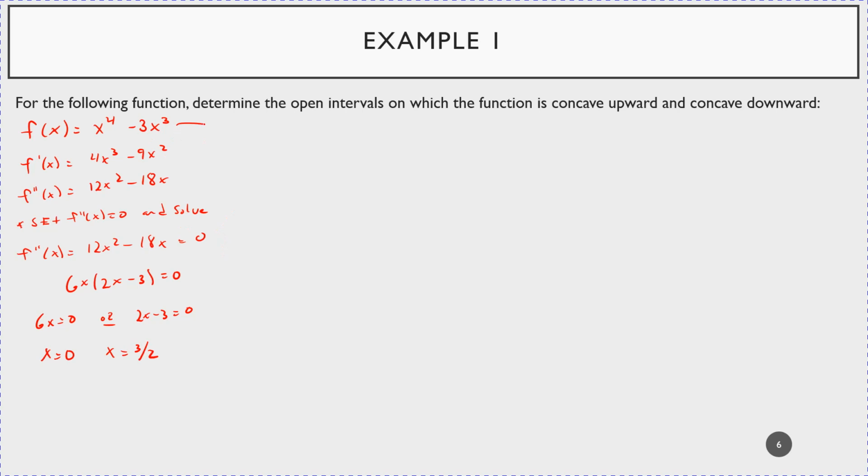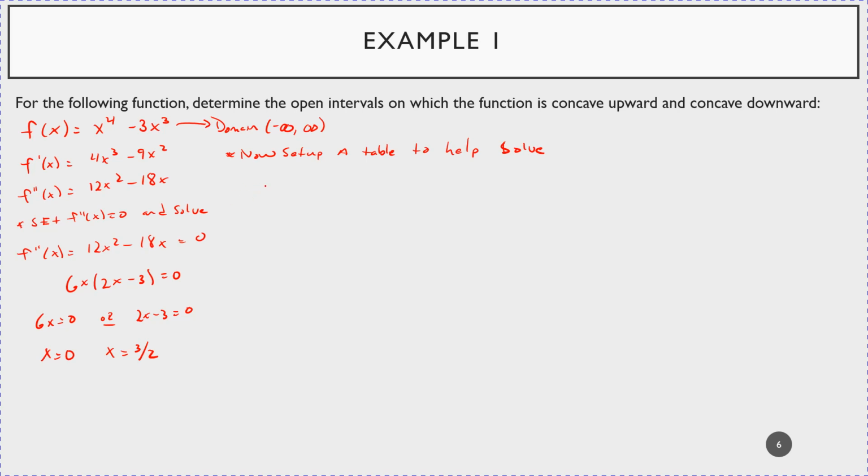To start, how are you going to know what intervals? You have to look at the domain of this function. Because it's a polynomial function, the domain goes from negative infinity to infinity. So you're going to use the endpoints of the domain and these values you found where the second derivative was equal to 0. Now set up a table to help find the intervals, just like you did with the tables for increasing or decreasing.